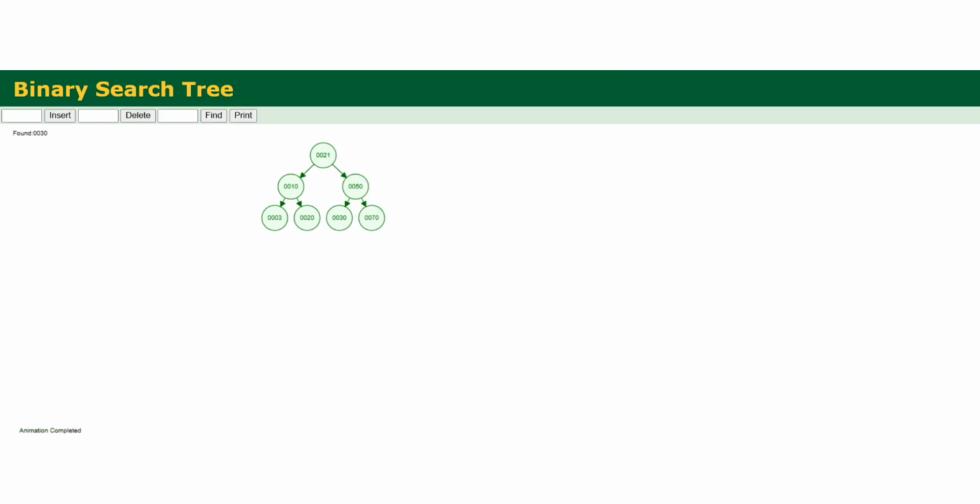It traverses each node and prints the node. First it prints 3, next 10, 20, 21, 30, 50. Small to large. This is all about the binary search tree operations.